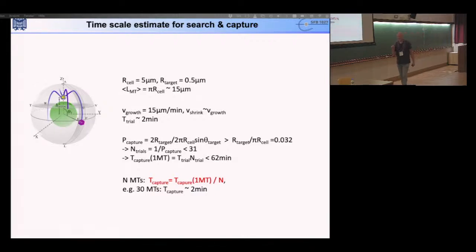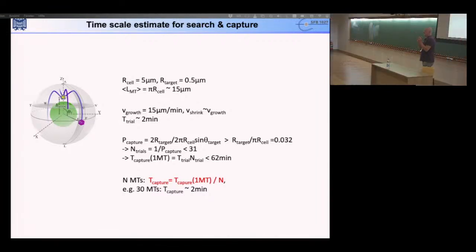So essentially you shoot microtubules in random directions, and there is a range of angles within which you will find the target.